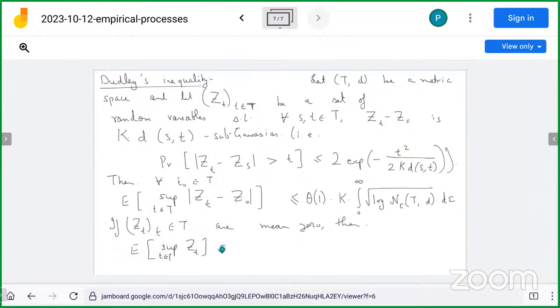There is no absolute value anymore. So this follows easily from this, because this also implies that without the absolute value it is also bounded by this.